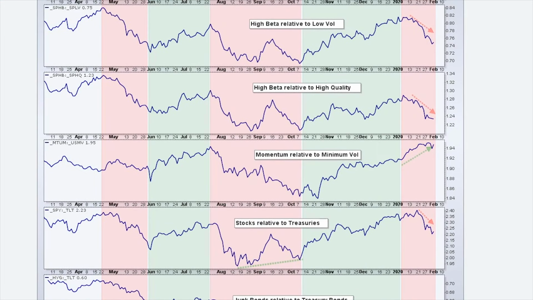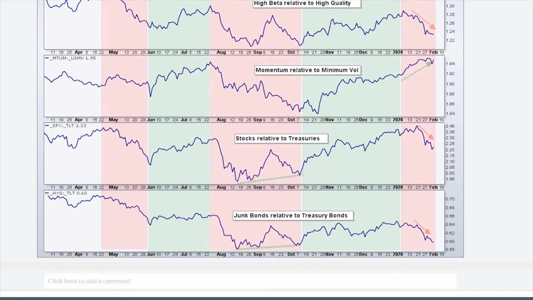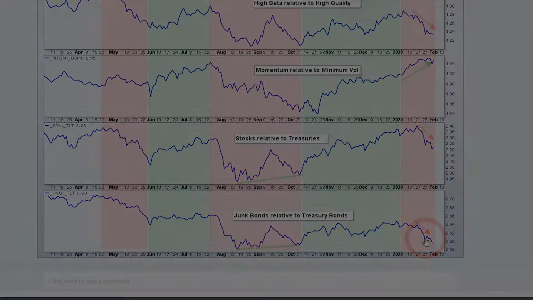High beta relative to low volatility is moving down, high beta relative to high quality is moving down. There's momentum relative to minimum volatility moving up. That's the outlier. But we have stocks underperforming treasuries, and we have junk bonds underperforming treasuries. So these 5 ratios point to a risk-averse environment right now.